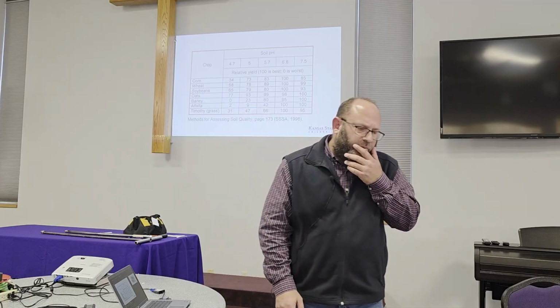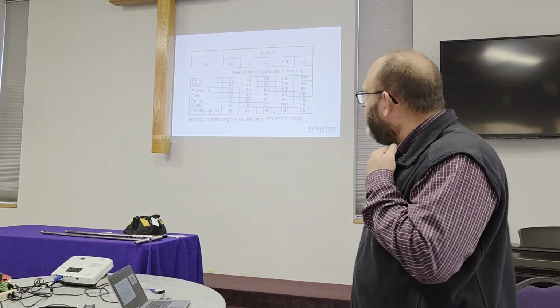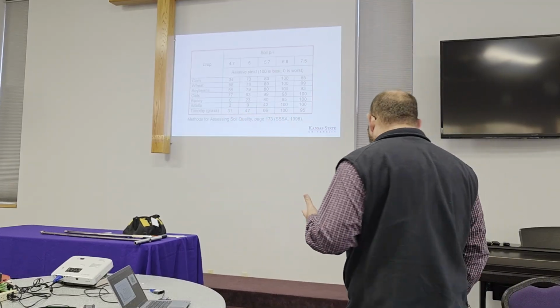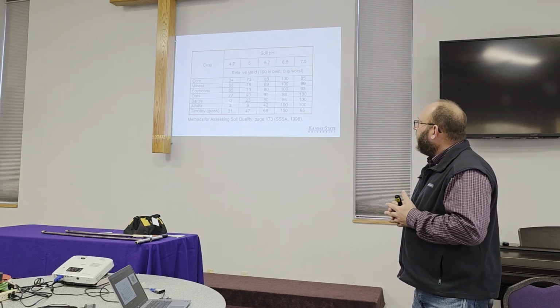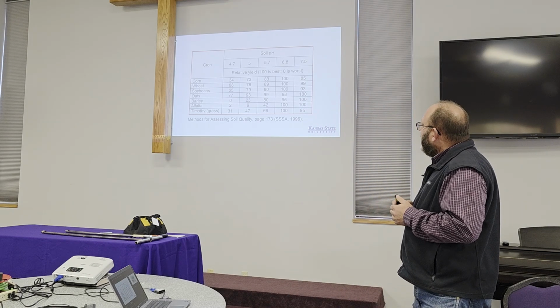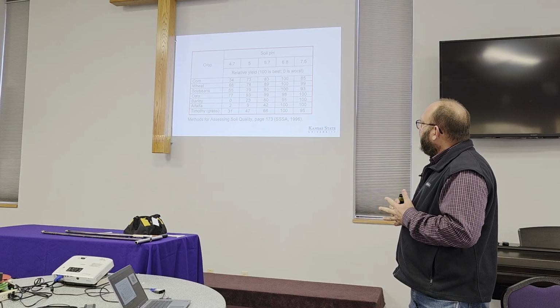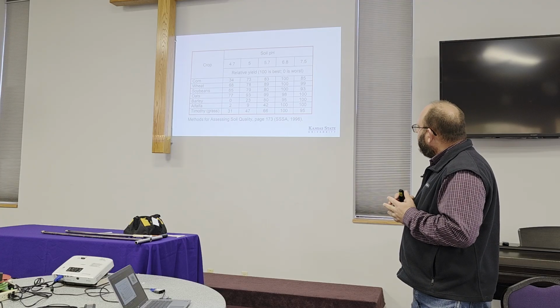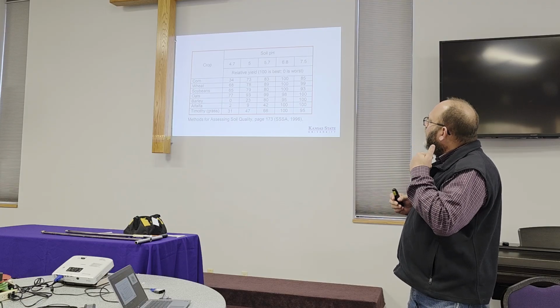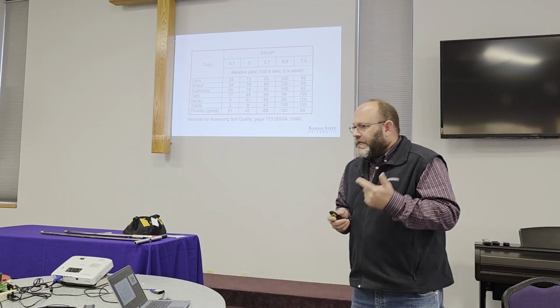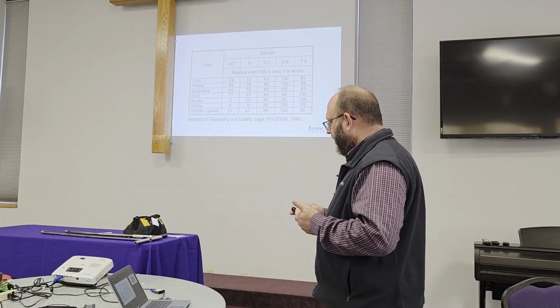And so we'll jump in here, and as I've been thinking about this question of soil pH and soil health, I was doing some reading and came across this table, and what we're looking at here is relative yield at different soil pHs.